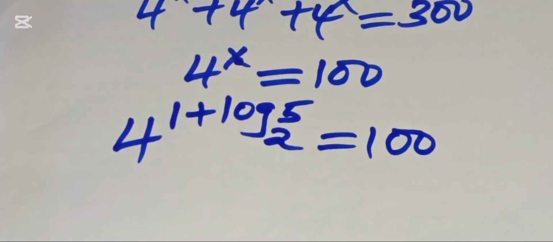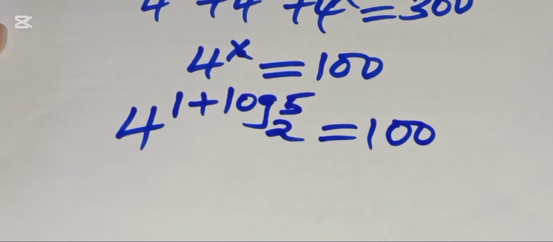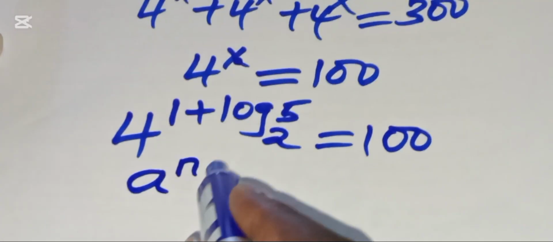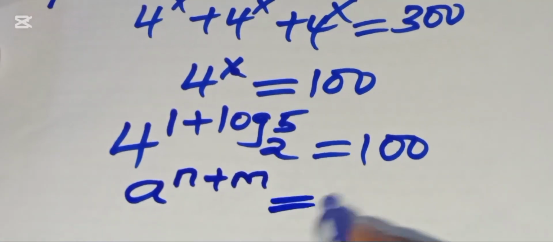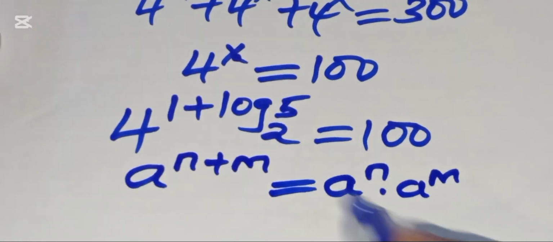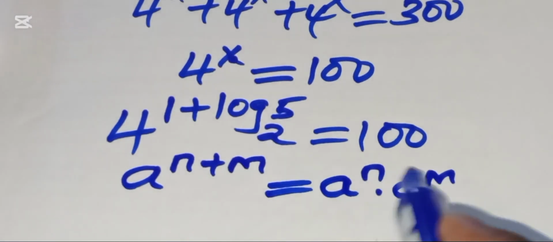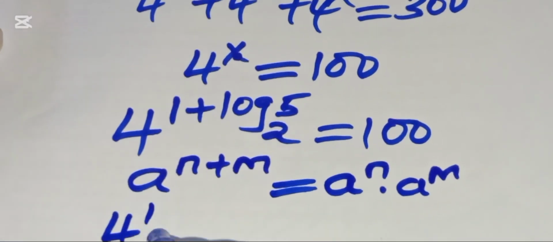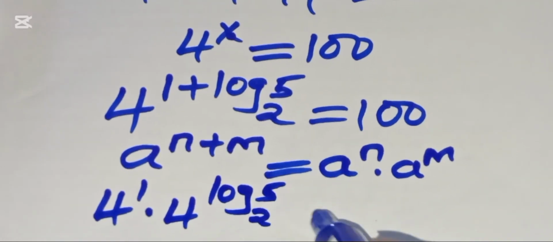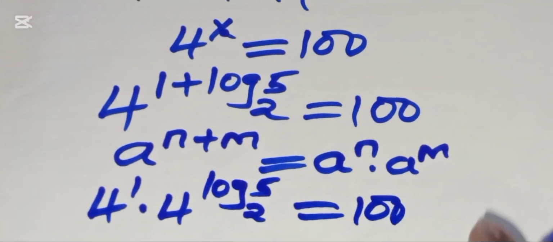Now 4 raised to power 1 plus log 5 to base 2 is in the form of a raised to power n plus m, which you can express as a raised to power n multiplied by a raised to power m. So let's transform it this way. Applying this property, we'll have 4 raised to power 1 multiplied by 4 raised to power log 5 to base 2. This is supposed to give us a value of 100.